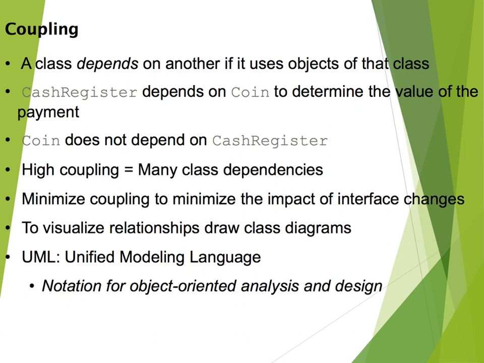Usually, high coupling, which means many class dependencies, is not desirable because it increases the impact of interface changes in classes. So it's better to minimize coupling to minimize the impact of interface changes. What does interface change mean?